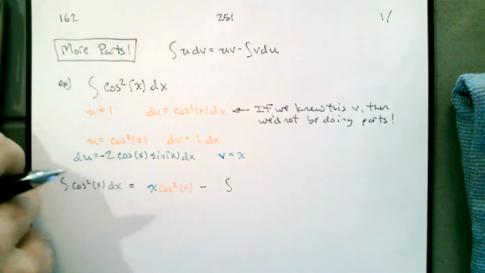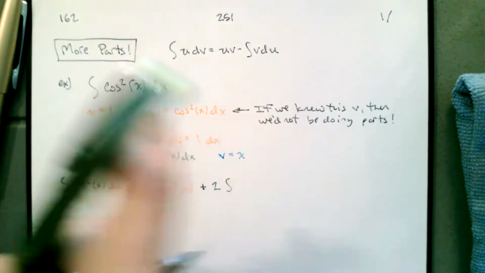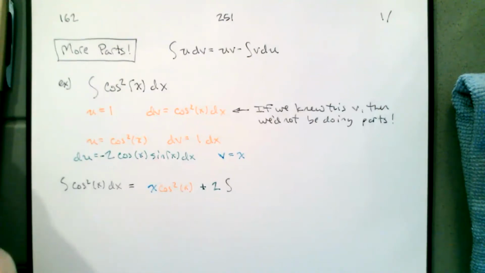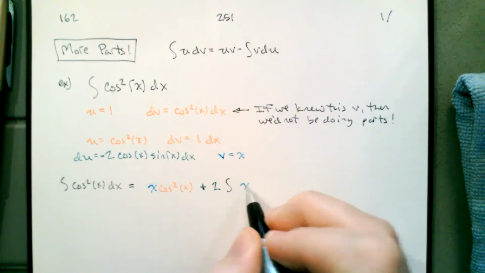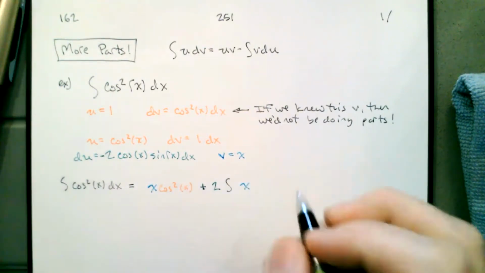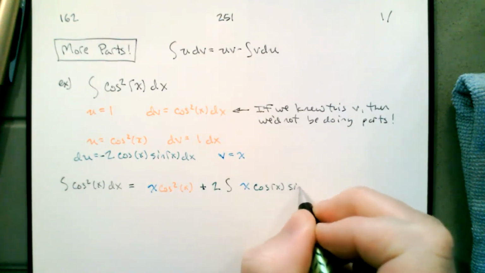I'm going to factor the -2 out, and that'll become a positive 2. But then the integral that I have left over is x cosine x sine x. And this is worse than what we started with.